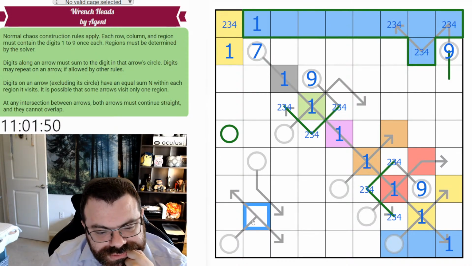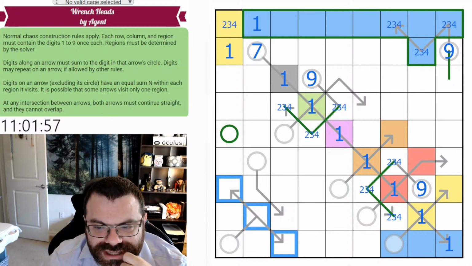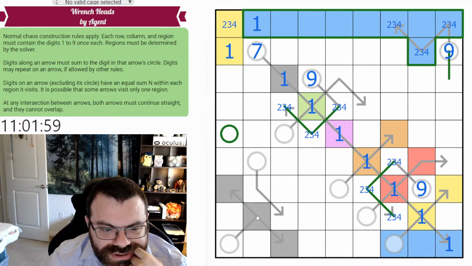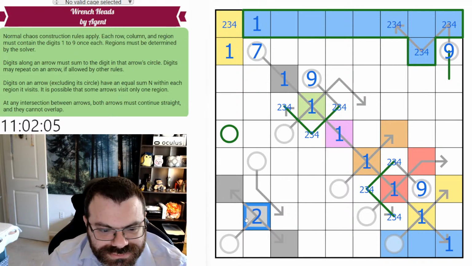I guess there's an interesting point here that these can't all be the same region. If these were all the same region, then whatever I fill here, these two have to be the same digit.